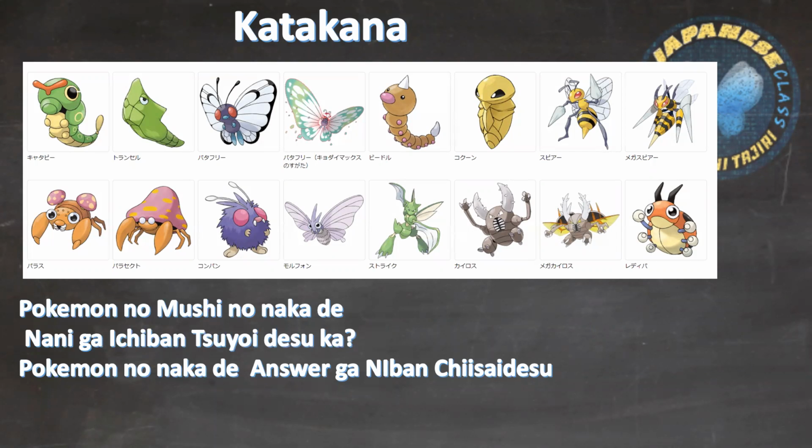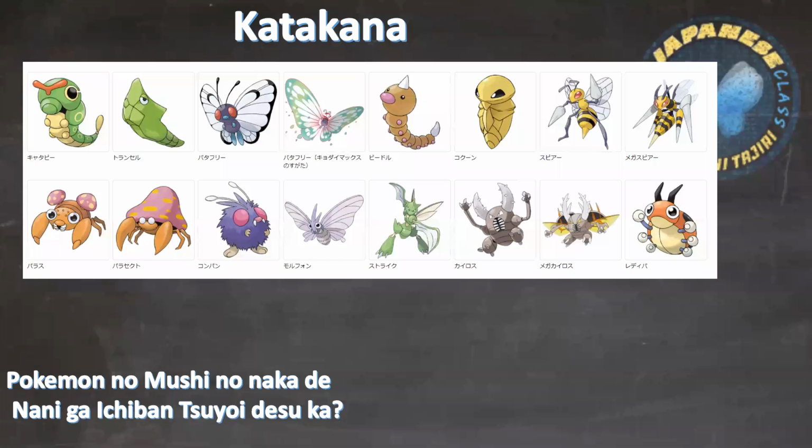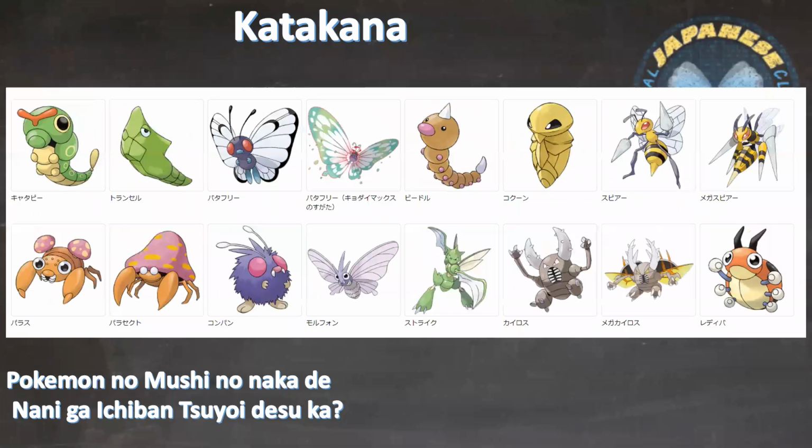Which do you think is the strongest among all of them? You can try to read the hiragana or katakana. Let me zoom in a bit so you can read. There you go. Pokemon no mushi no naka de Sotoraiku ga ichiban tsuyoi desu. Very good. So we have Sotoraiku, a spider.